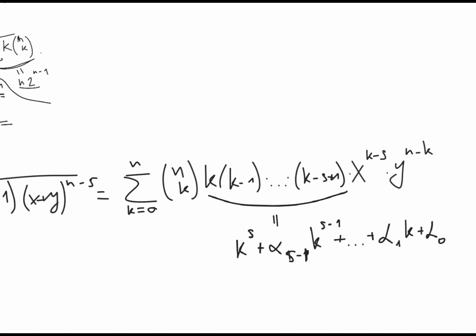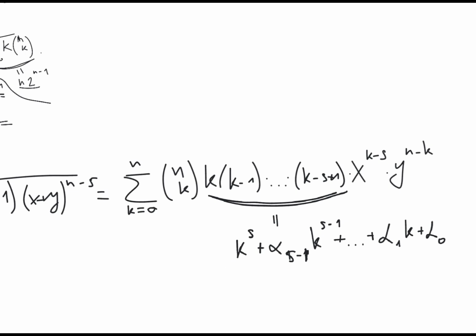These alphas can be explicitly calculated when we expand this expression. I don't know the exact formula, and that's not the point. But in this expression, the first term, which we could write as alpha s, is equal to 1. Alpha s is equal to 1.